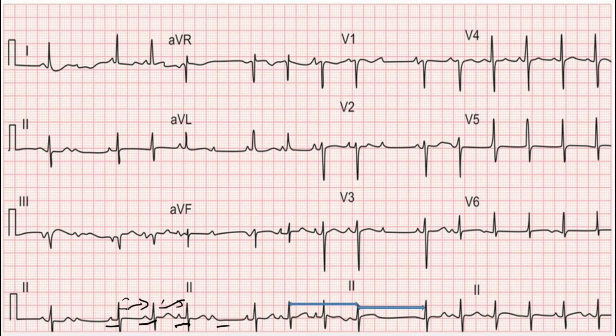Then there is also another finding in Mobitz type 2, that the missed beat interval duration between the RR is equal to two cycles of the normal sinus rhythm. But in case of Mobitz type 1, this segment is greater than this one. But in Mobitz type 2, they are equal to each other.